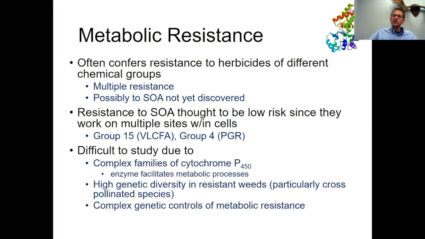However, metabolic resistance is difficult to study simply due to the complex families of these different enzymes like cytochrome P450, the high genetic diversity of different weed species, especially with your cross-pollinated species, and just simply complex genetic controls of metabolic resistance.